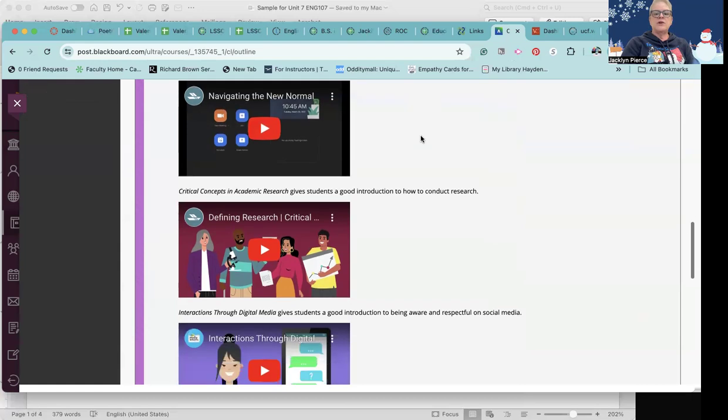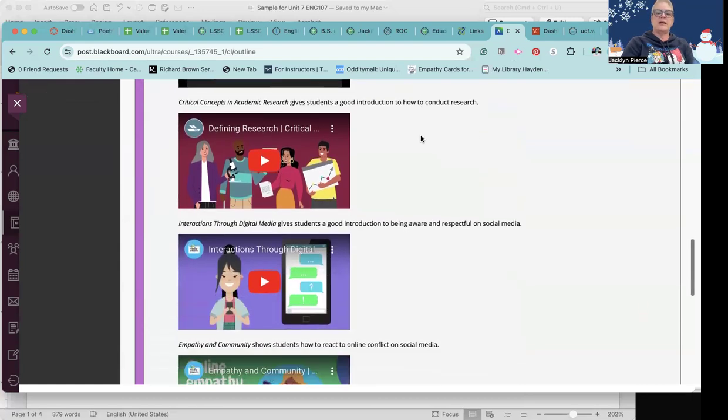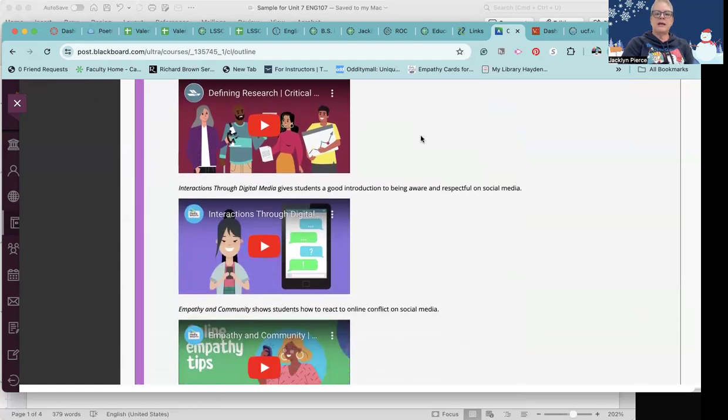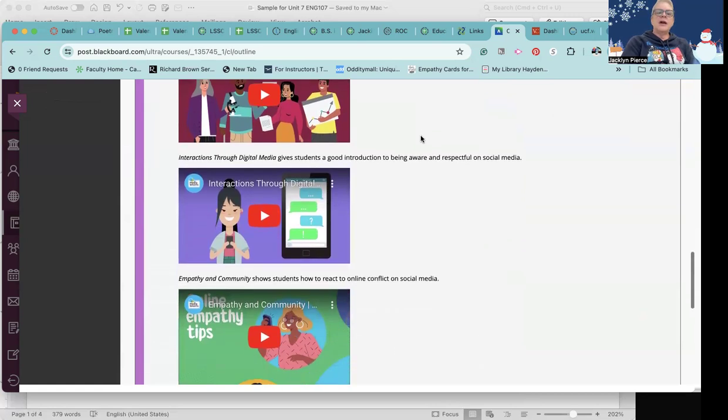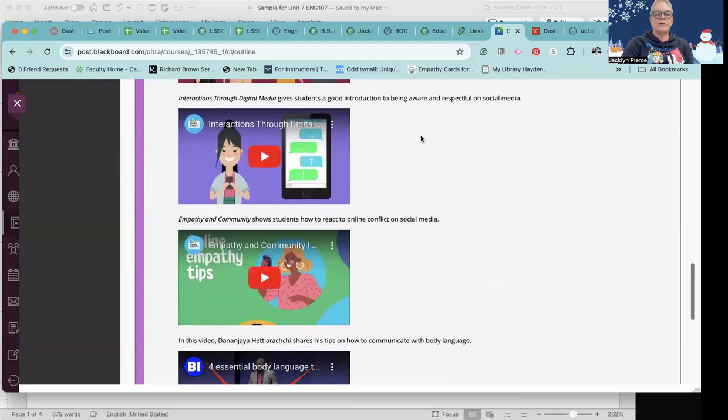Conducting good research is a key skill that you will use throughout your time in higher ed. Interactions through digital media talks about the different things that we need to be aware of through social media, being respectful, all those wonderful things.